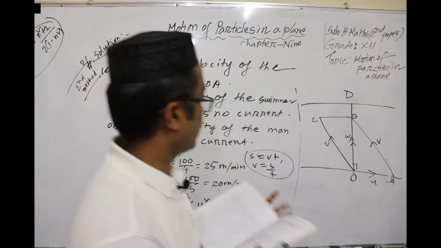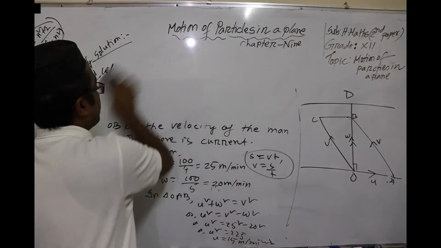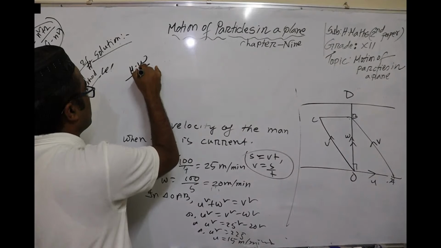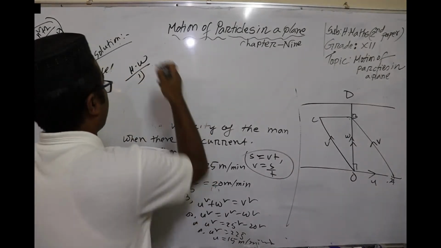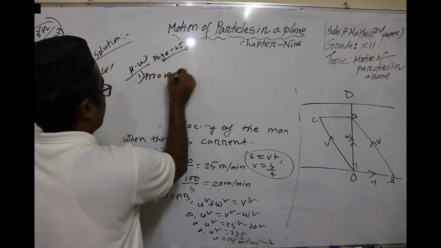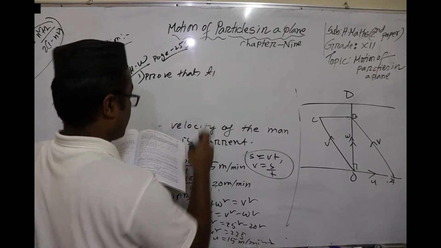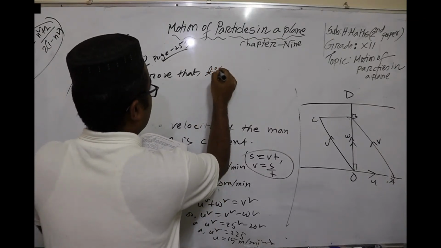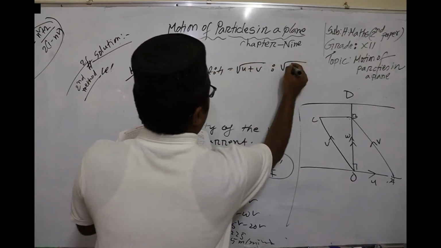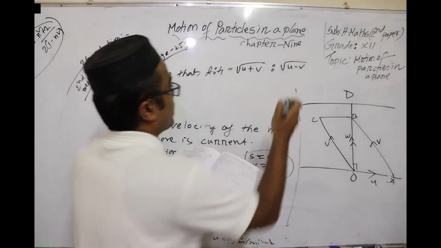So you have to prove that, homework number 1, page 253: prove that T by T1 equal to root of (u plus v) ratio root of (u minus v), when u greater than v.